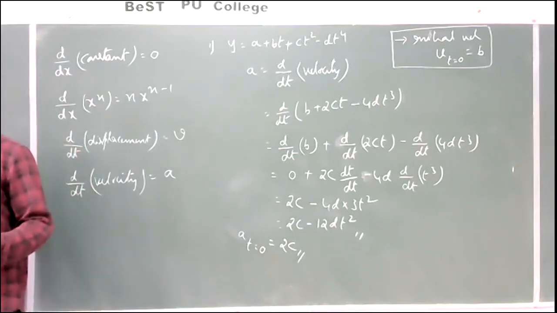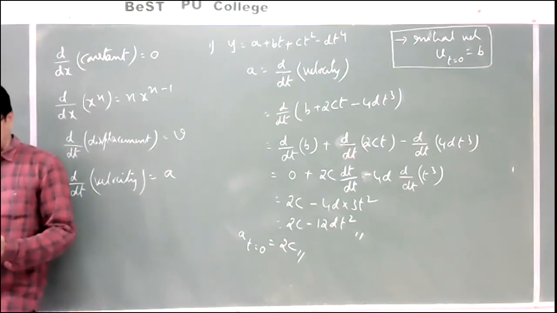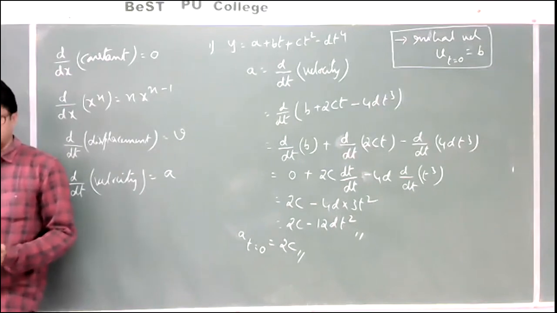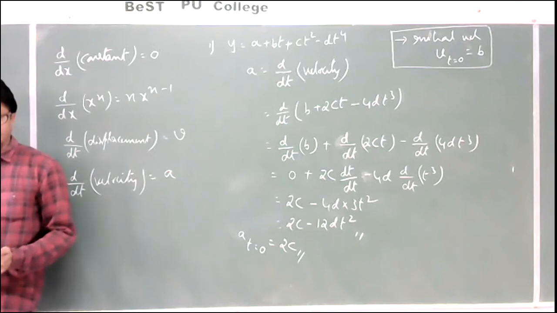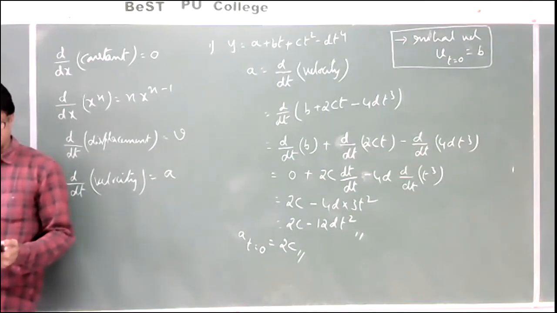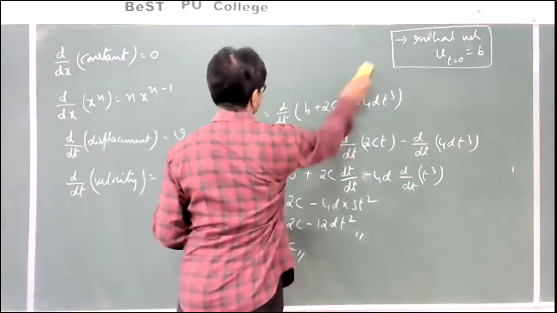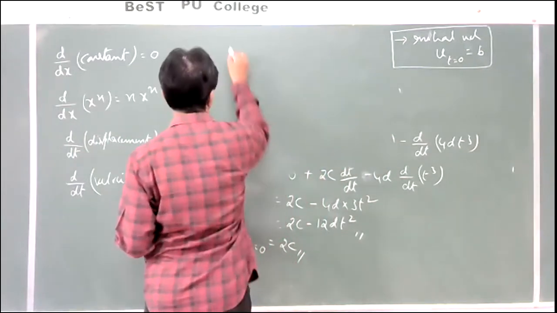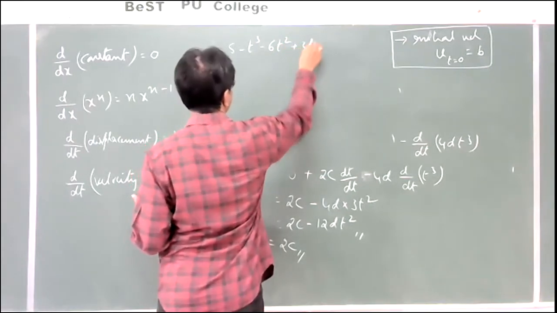Next problem. We'll solve 2 or 3 models so that you will get an idea. The displacement of a particle moving in a straight line at any instant of time t is s is equal to t cube minus 6t square plus 3t plus 4.